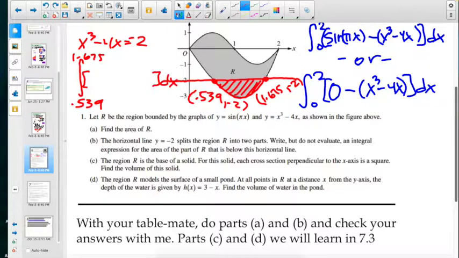What's my big function in this region? No, what's the function that's higher up? -2 is bigger, right? -2 is on the top and the cubic is on the bottom. -2 is less negative. Does that make sense? Okay, and then we have to subtract the cubic, x cubed minus 4x dx.